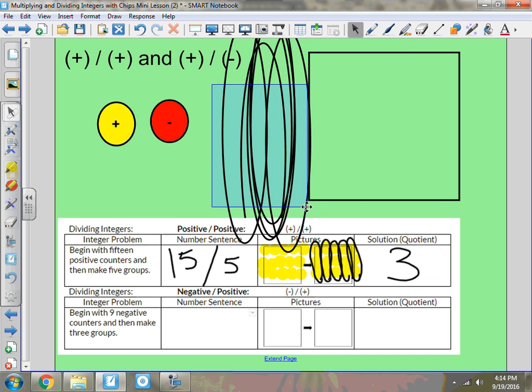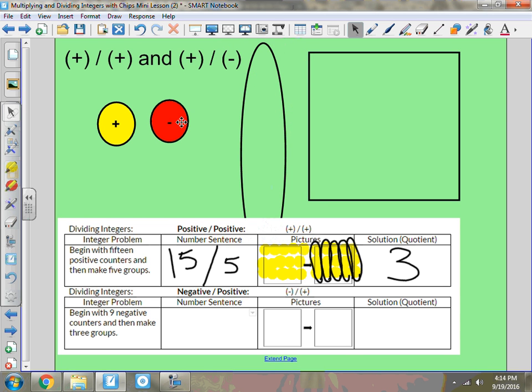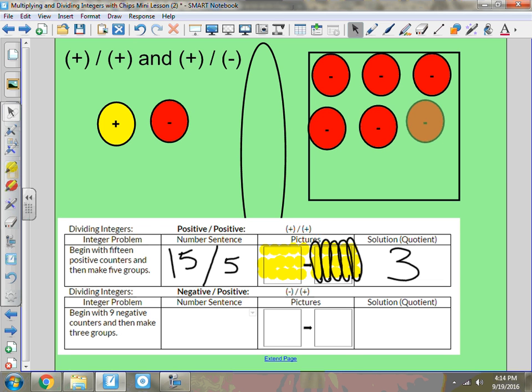All right, there we go. It says to begin with 9 negative counters, so I'm going to bring over 9 negatives into my workspace. Remember, we're using those red chips today to show the negative. And then it says that I'm going to be making 3 groups.